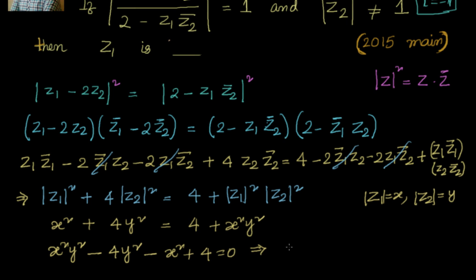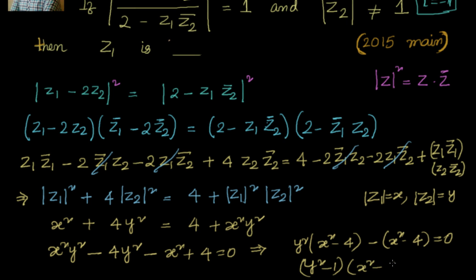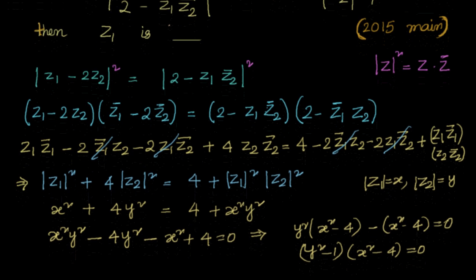Can we write it now as y square into x square minus 4, minus of x square minus 4, equal to 0, which is equal to y square minus 1 into x square minus 4 equal to 0. This is only for our understanding, we have just written it.